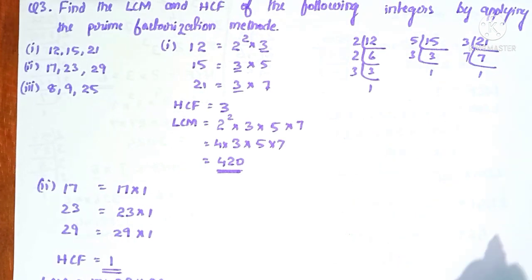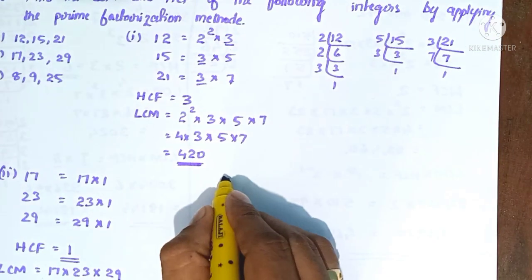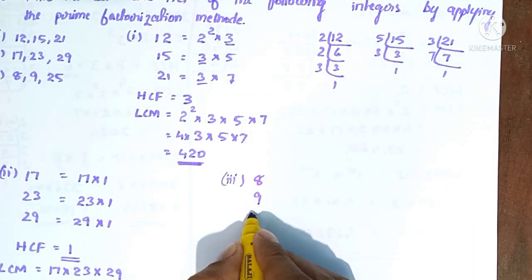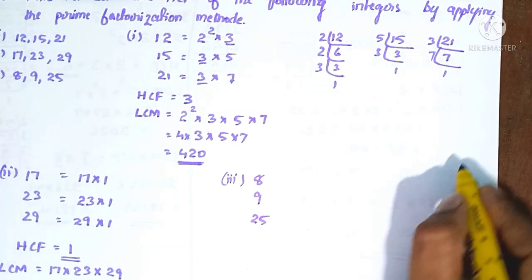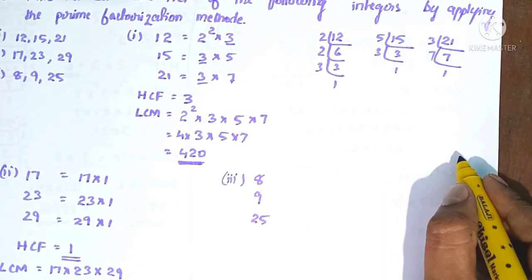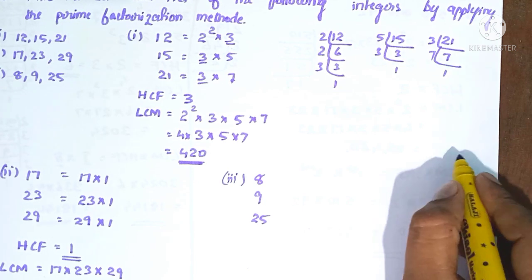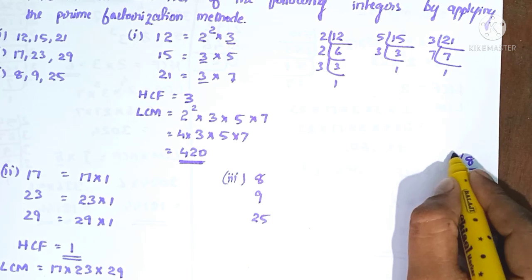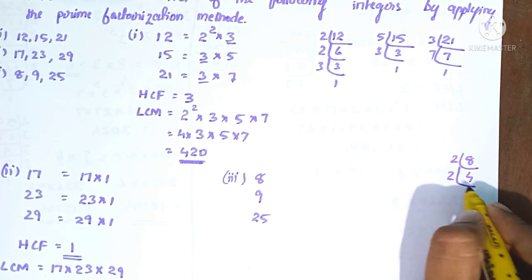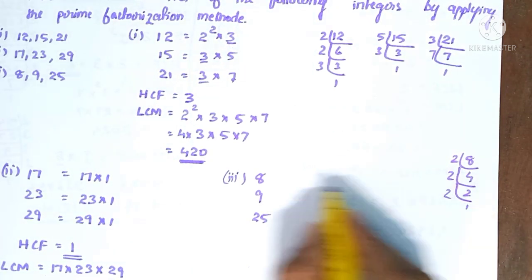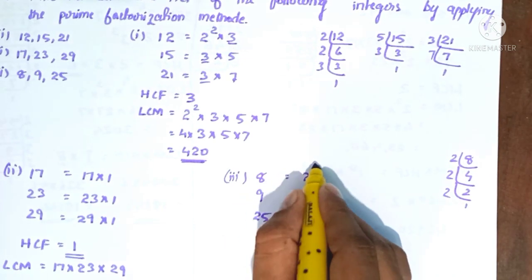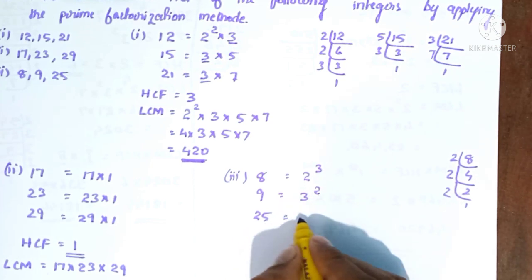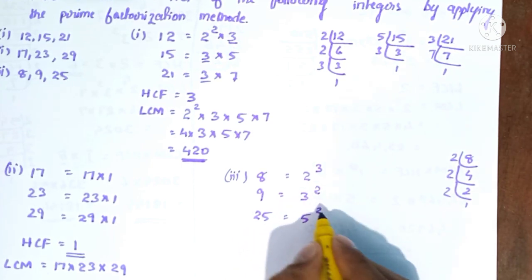Now we move on to the third question. 8, 9 and 25. Okay. So 8, how can we write 8? 8 is 2 cube. 4, 2, 2. We know that 2 cube is 8. So we can write 2 cube. What about 9? 3 square is 9. What about 25? 5 square is 25.